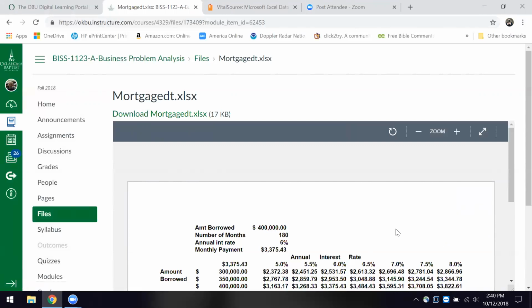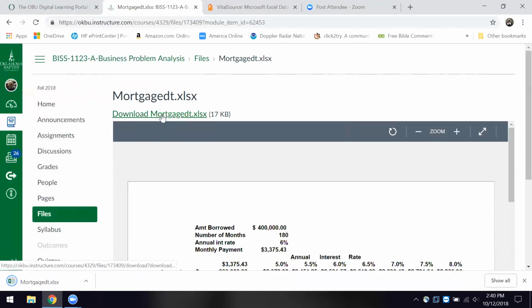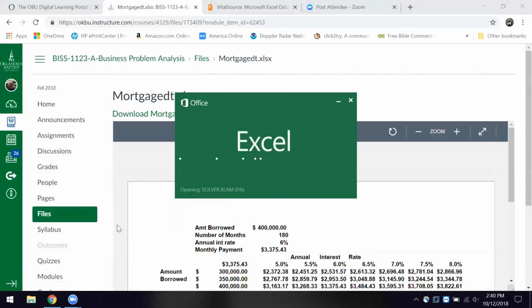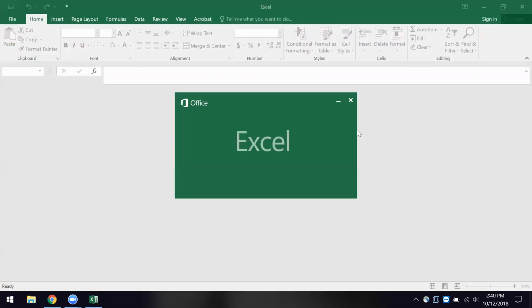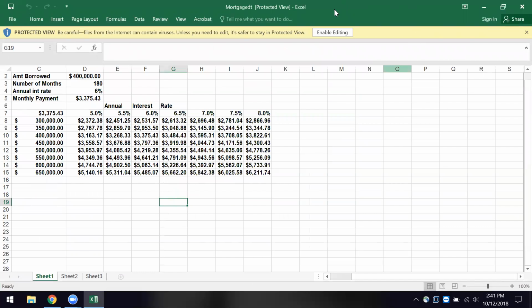And now we've got this mortgage rate, and let's go ahead and download it. Okay. And I'll do the usual thing of enabling the editing.